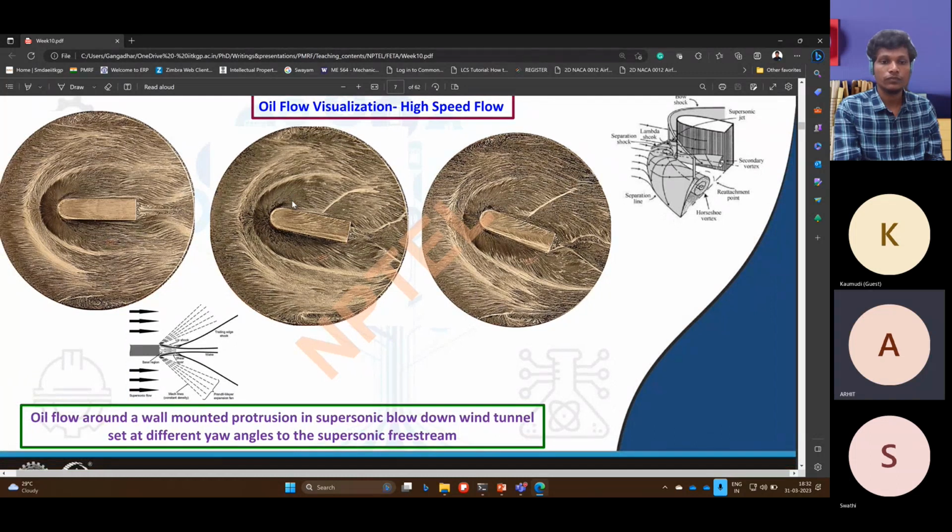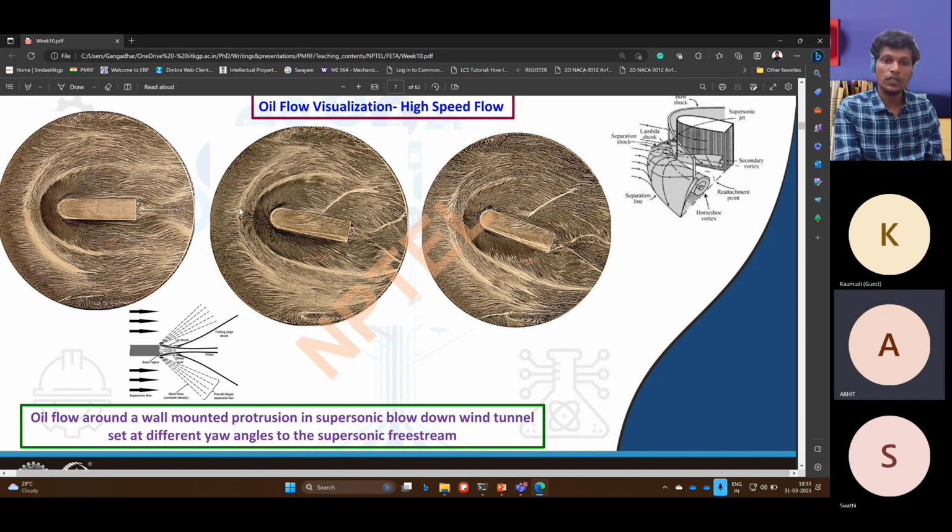Yes, sir. Sir, in the right corner, there is a picture of the formation of the horseshoe vortex you told. Sir, in front of that bow shock, there is a horseshoe vortex. In the second or third picture, we can visualize it. I think that is only the horseshoe vortex.